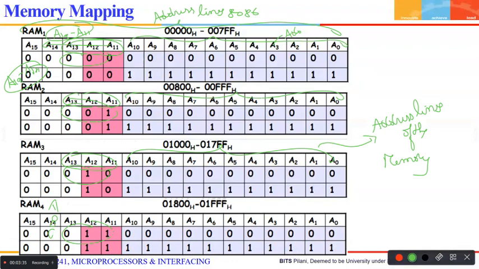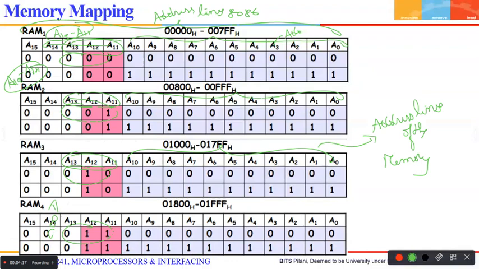So the remaining ones, from A11 to A19, we have to use as input to the decoder logic. Now out of these A11 to A19, which ones will you select for A, B, C? Which will uniquely define RAM 1, RAM 2, RAM 3, RAM 4 based on those 3 address lines. You have easily found out that A11, A12, A13 is 000 for RAM 1, 001 for RAM 2, 010 for RAM 3, and 011 for RAM 4.